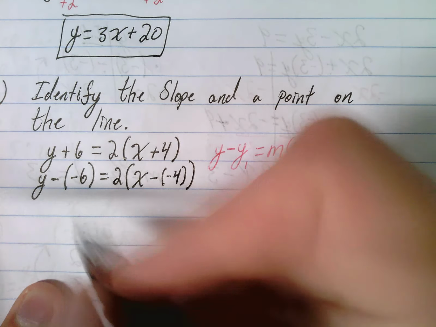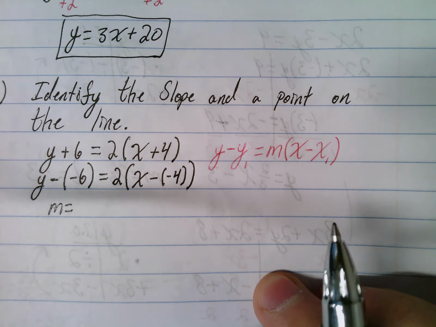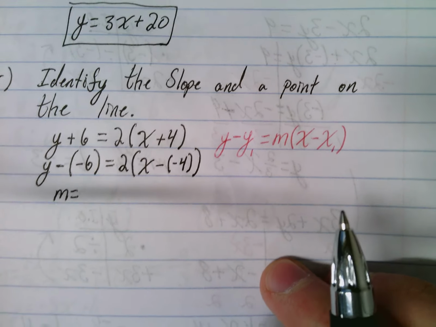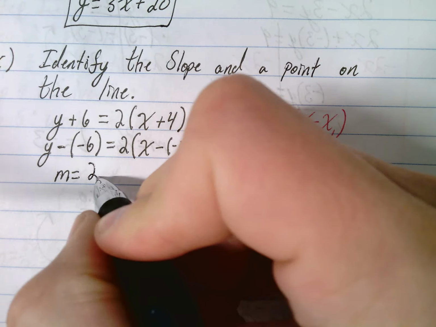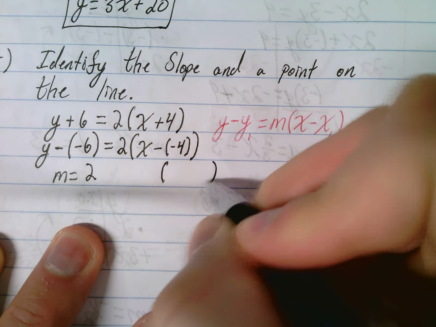So let's identify our m here. What is our m? What is our slope for this? Good, Jude. Yeah, 2. And what is a point that is on this line?